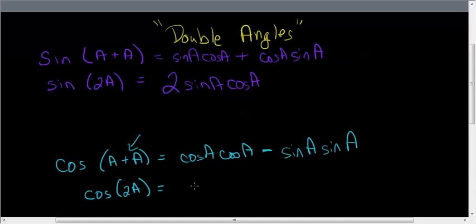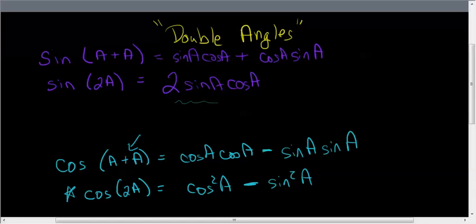So the cosine of 2A becomes cosine squared A minus sine squared A. This identity we use a lot, so these are important to remember. And honestly, remembering the double angle helps me remember the A plus B.